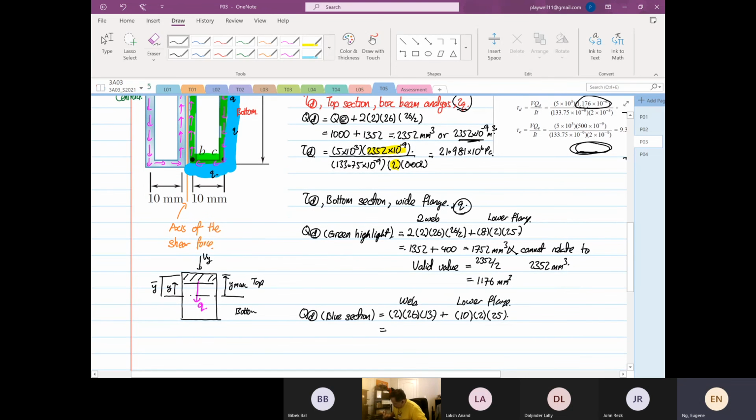If the answer is correct, it should be 1176. So 2 times 26 times 13 is 676, plus 10 times 2 times 25, which is 500. So 500 plus 676 is equal to 1176.